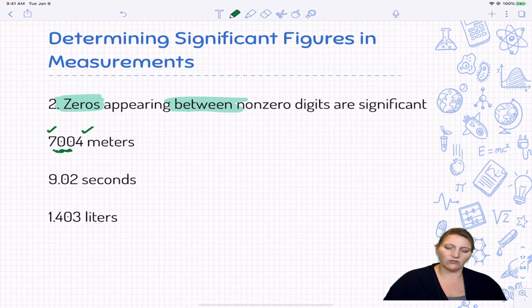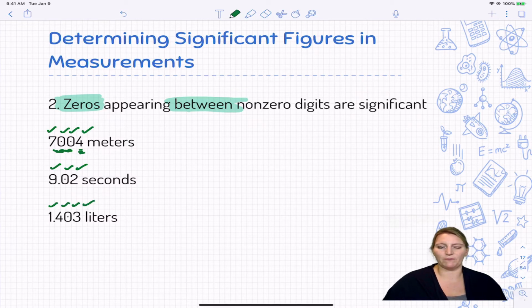These zeros are in between, which means both of those are also significant. There's no way I could have read that it was 7,004 meters without those zeros actually being measured as well, right? 9.02 seconds, that zero was measured. 1.403 liters, those are all significant. So middle zeros, always.